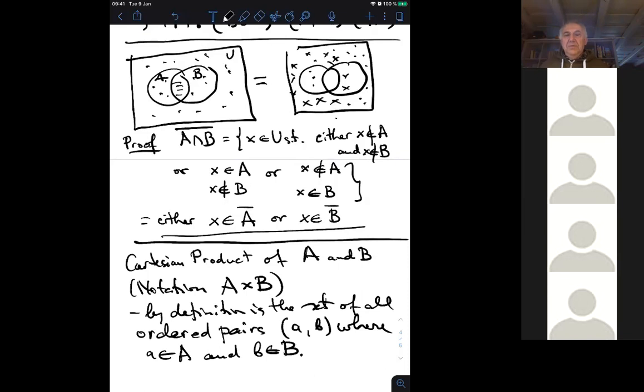We'll use it quite often. This will also be connected to the notion of relation.